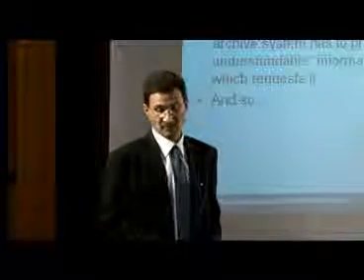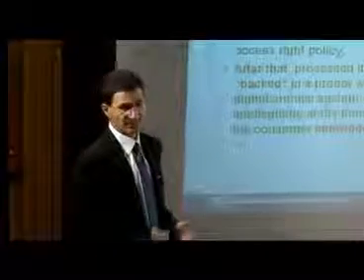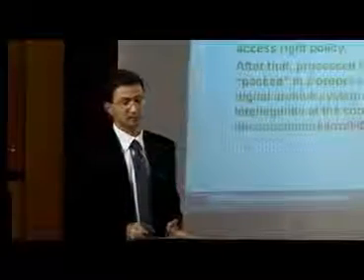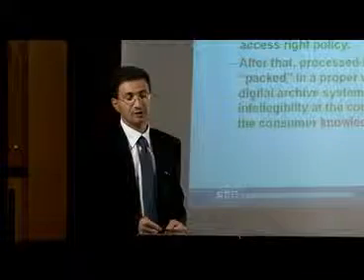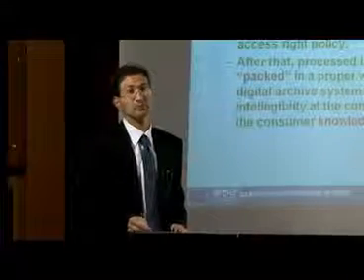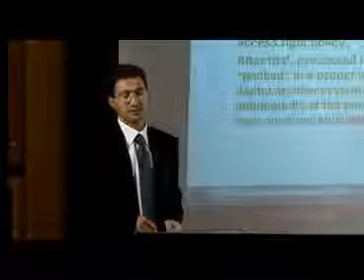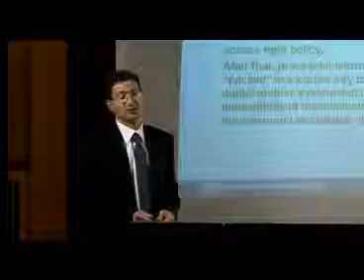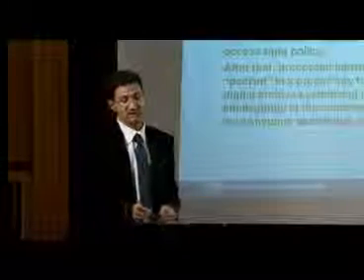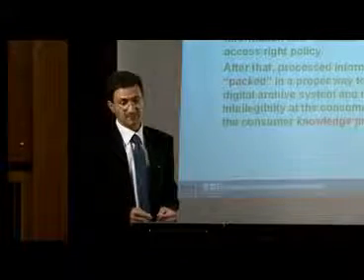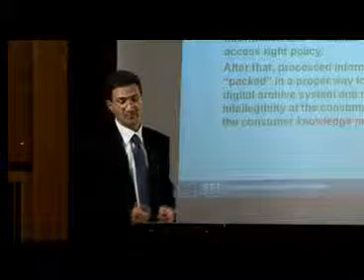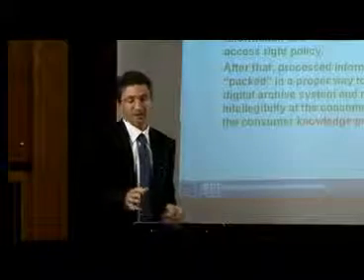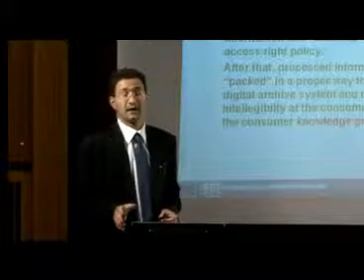The digital content object has to be found within the digital archive through its descriptive information and checked for any restricting access right policy. After that, the processed information is prepared and packed in a proper way to be accessed from the digital archive system and made available for its intelligibility to the consumer, taking into account the consumer knowledge profile.